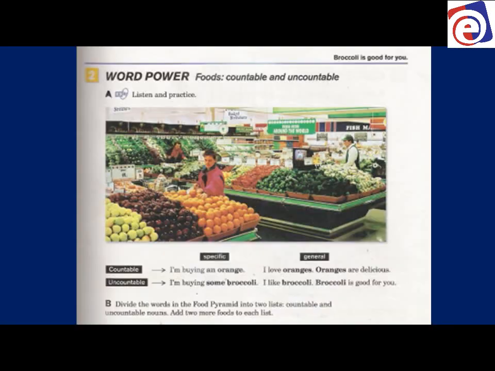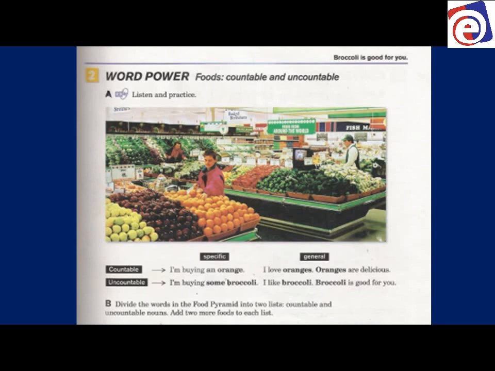Okay, and so that's just the summary for countable and uncountable nouns. And so let's look at your lesson again. Just a brief review. Countable, I'm buying an orange. I love oranges.